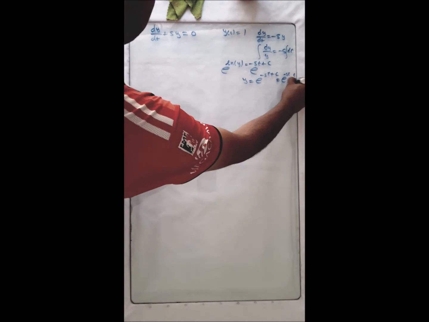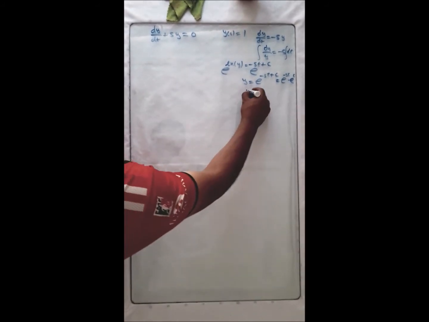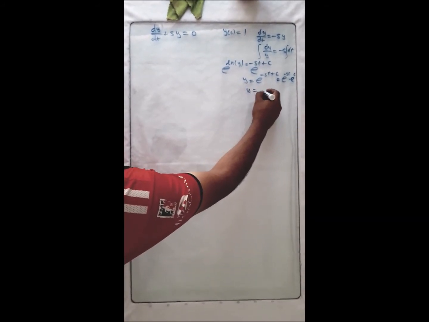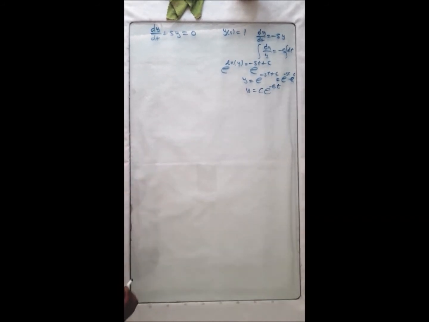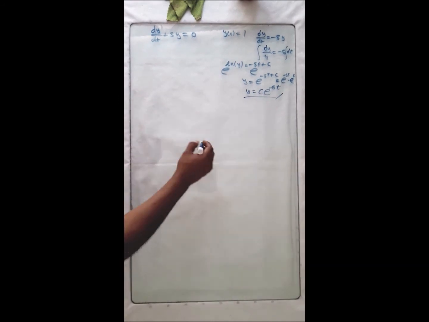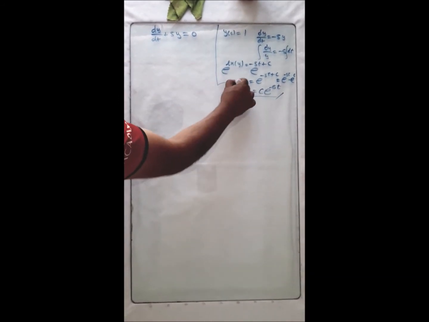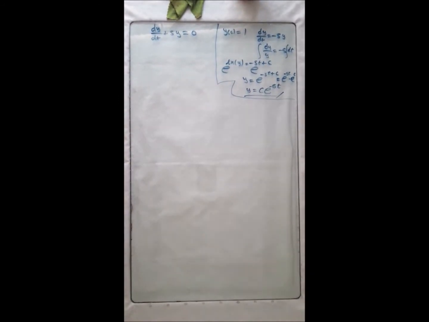The exponential of a constant is still another constant, so the solution y of t is just a constant times the exponential of minus 5t. So that is the solution using the common method, the previous method.